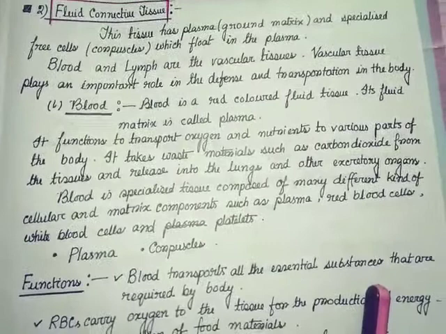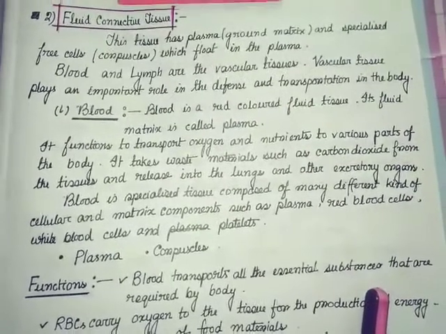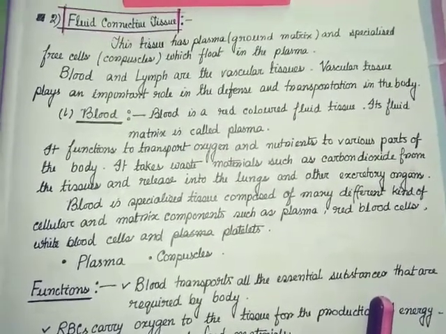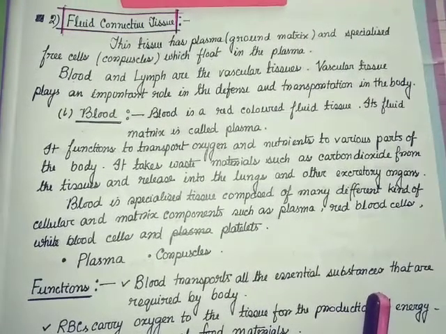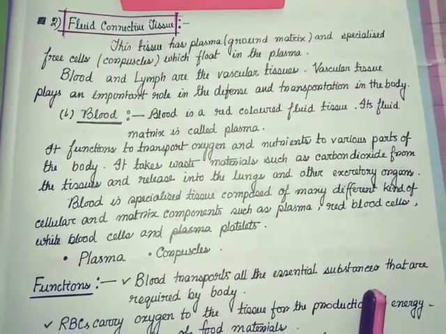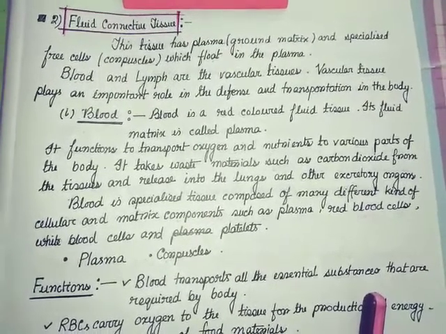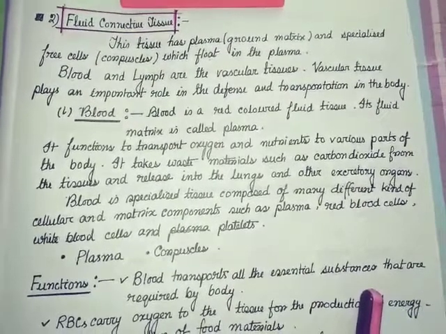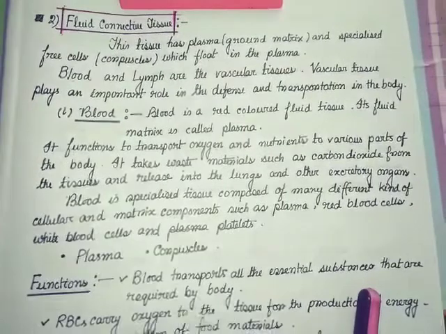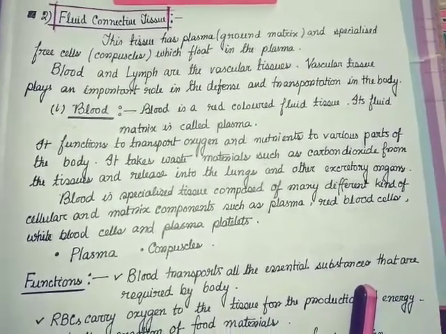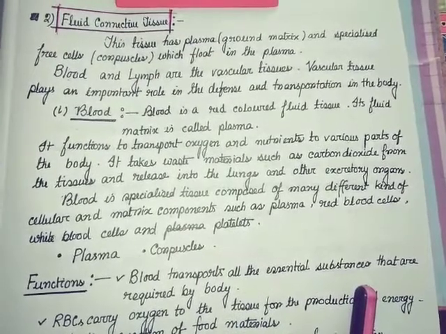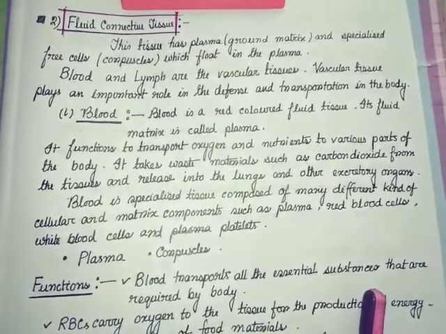Now plasma contains both soluble and insoluble constituents. The soluble constituents include various electrolytes, ions, other substances formed during the metabolism, hormones and vitamins. Okay, and the insoluble constituents are albumins, globulins, fibrinogen and various enzymes.